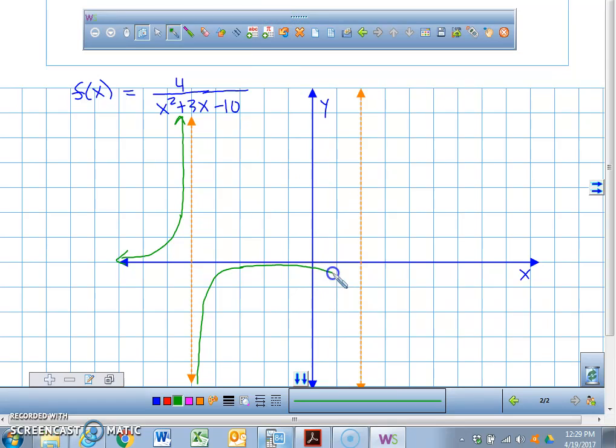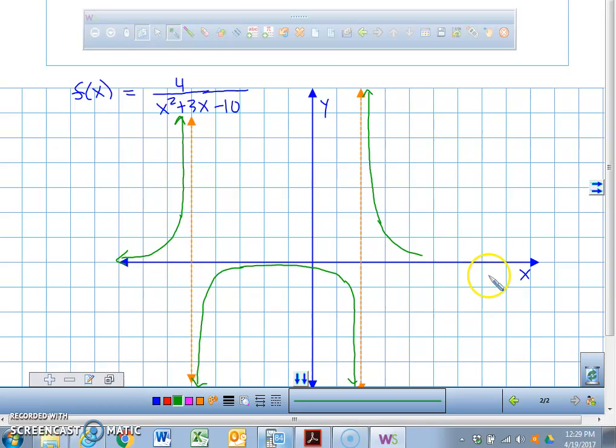And then it gets close to this vertical line that you can't really see. It goes down forever. Then we have the last part of the graph, which is really close to this vertical line and also very, very close to the x-axis.